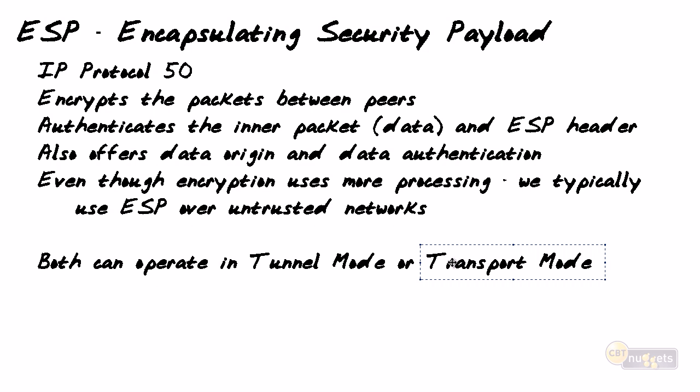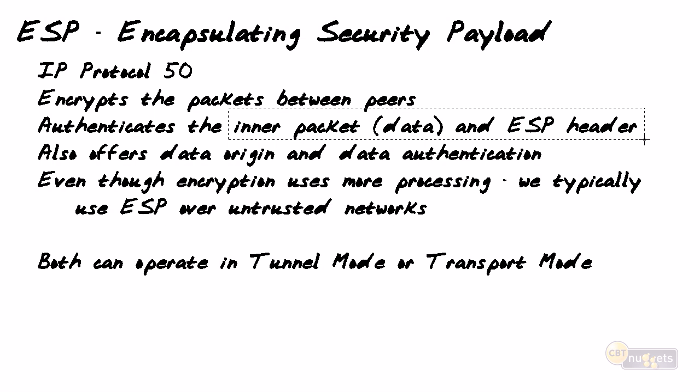So in transport mode, the original IP address is going to be maintained. Okay, that's the important thing. With tunnel mode, though, you have an additional IP address that basically is the outside address of the peers, right? The headquarters router and the remote office SRX device. And the inside, or the original IP addresses, kind of becomes part of this inner packet that gets encrypted and authenticated.